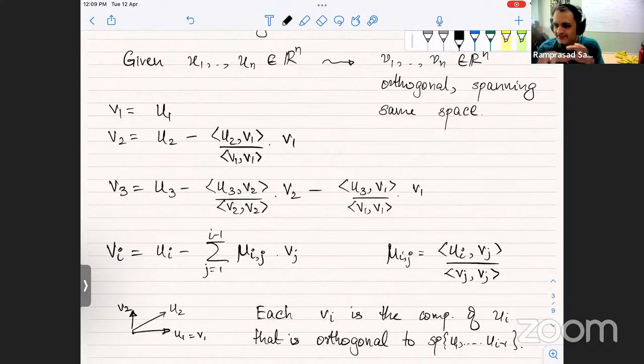The reason I'm saying this in this way is because if you care about specifically what the ith vector is, the only thing you should care about is the span of everything before that and not the individual vectors that are involved.